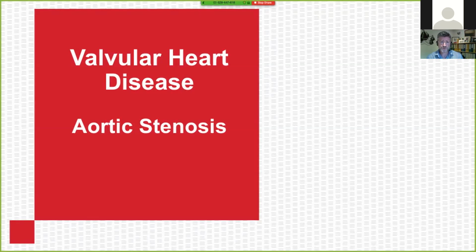The greatest risk factor for getting essentially any form of valve disease is degenerative valve disease, which is age-related. So it is worth spending a good little bit of time on, particularly at the end because we're looking at the different options available in terms of intervention.